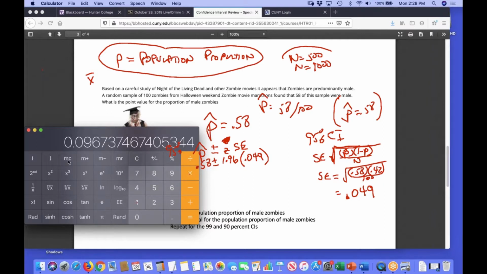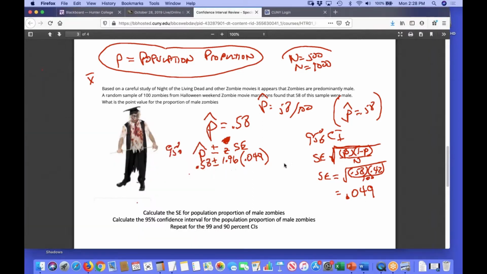So I'm going to clear this out and put this into memory. And I'll clear. So let me recall that just so I have it, 0.097. So this is equal to 0.097. Okay, so 0.58 plus or minus 0.097, and we'll calculate that to get our confidence interval.